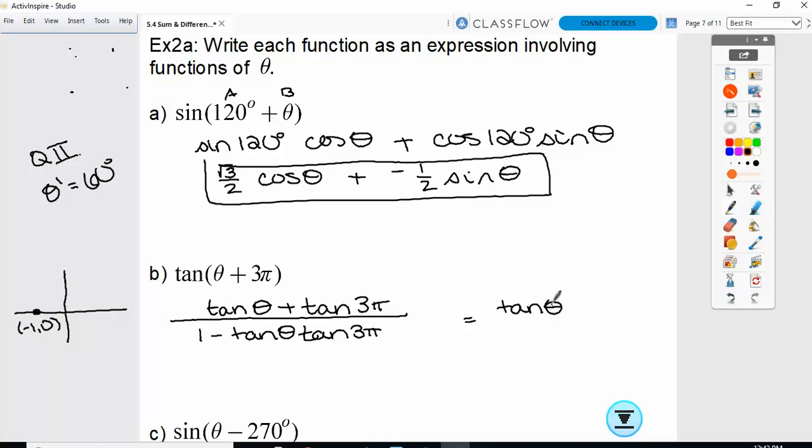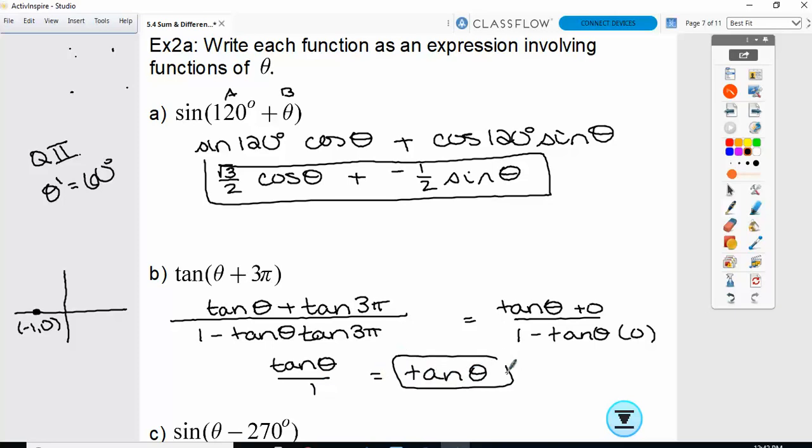Tangent is y over x, so 0 over -1 is 0. So that just gives me tangent theta over 1 over tangent of theta.